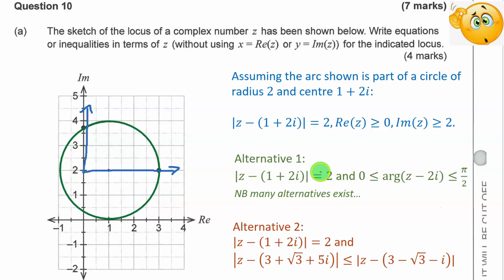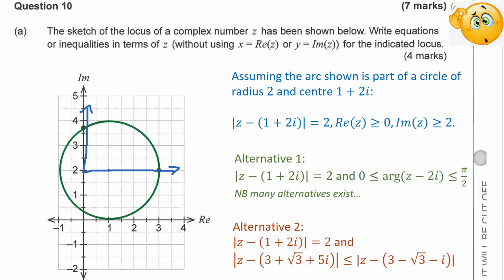If I transform z, so here an alternative one, we start off with exactly the same as up here, but then we say, right, the argument of z from 2i, from this point, has to be between 0 and pi by 2. So between 0, which is here, and pi by 2, which is up here. It's a bit easier than doing it through the actual fake center of the circle there.